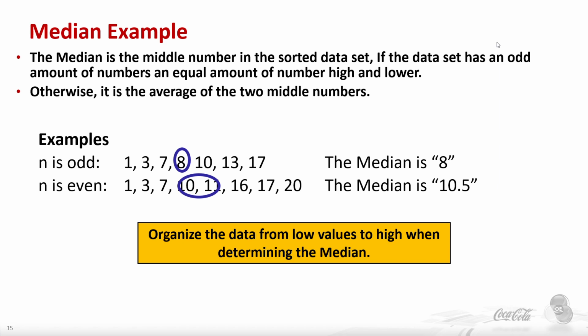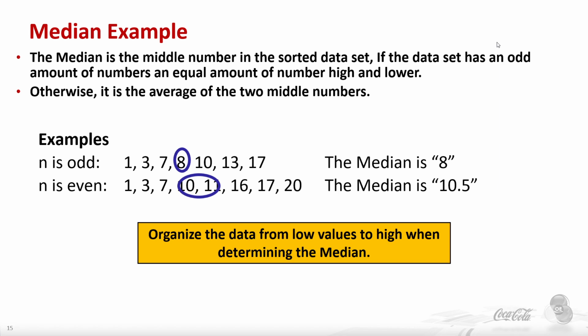But if the number of items is even, then the two items in the middle are averaged and their average is the median. For example, here we have 1, 3, 7, 8, 10, 13 and 17. The total number of items is 7, so the fourth item, which is 8, is the median.